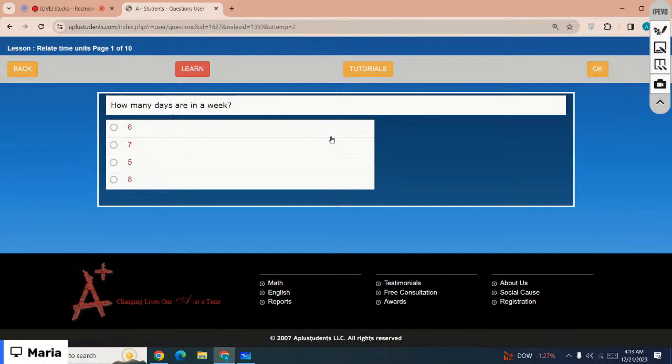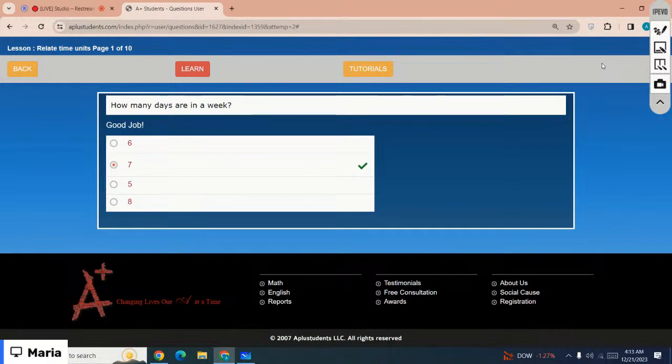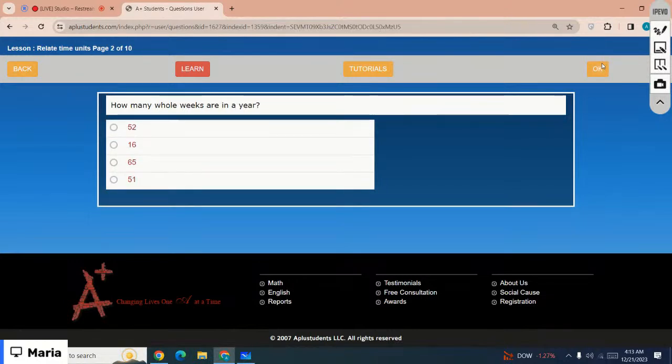The correct option is 7. Got it? How many whole weeks are in a year? Which is the correct option? In 1 year, how many weeks do you have?